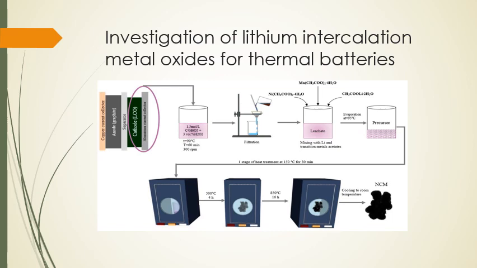Investigation of lithium intercalation metal oxides for thermal batteries. The diagram is here: copper current collector, graphite anode, separator, and aluminum current collector for the cathode, immersed in 5 mol per liter of C4H6O5 plus a volume percentage of H2O2 at a temperature of 90 degrees Celsius for 60 minutes at 300 rpm.